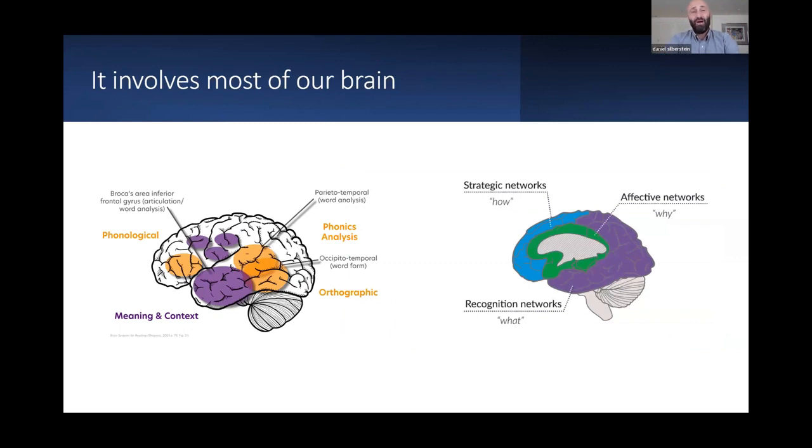And again, it involves most of our brain. You need your phonological processing, this sound-based process, hearing sounds, manipulating sounds. You need your sight process, right? Recognizing and also associating these letter patterns with sounds. Some of them don't play fair phonetically, so orthographically, right?